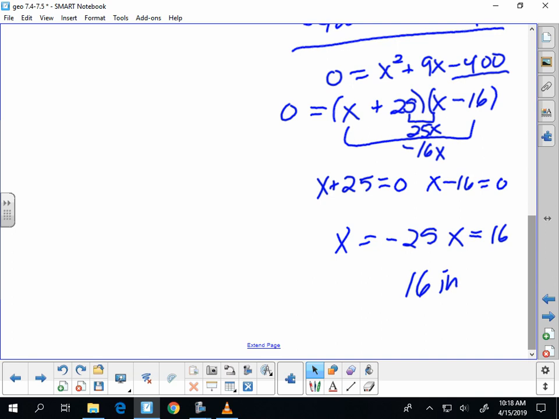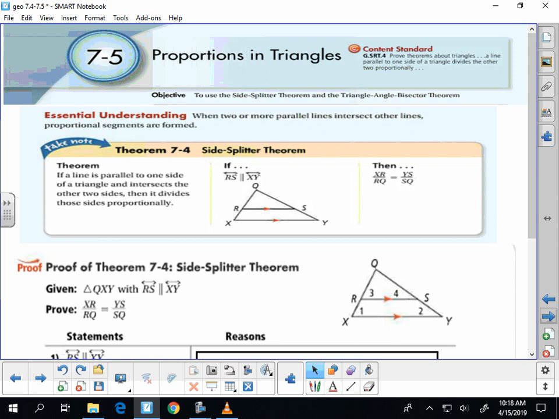Questions on 7.4. We're moving on to 7.5, proportions in triangles. So these are when we don't necessarily have a right triangle, but the first one's called the side splitter theorem.